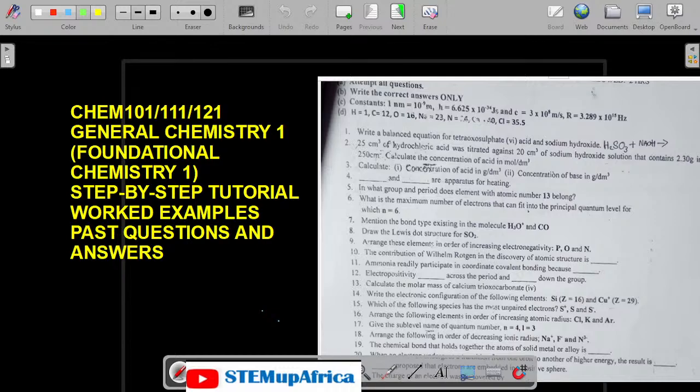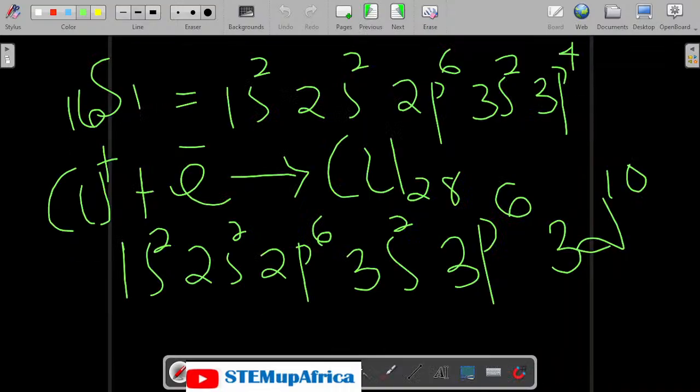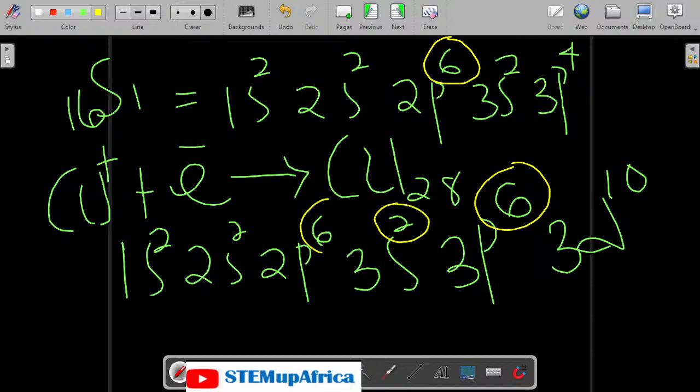Number 15. Which of the following species has the most unpaired electrons? Let me use the last question to explain it. Like silicon, I said earlier that the maximum number of electrons for the p is always 6, the s is always 2, and the d is always 10.